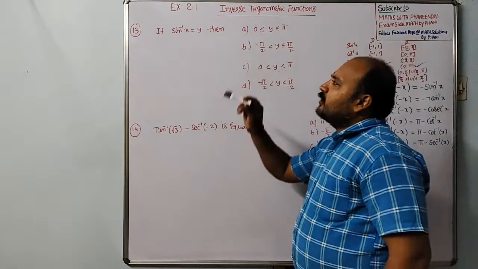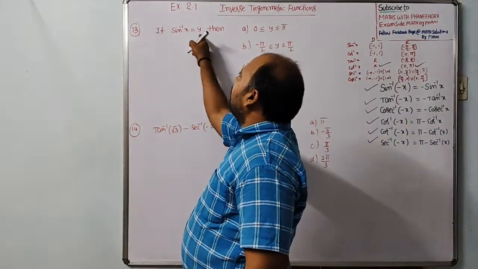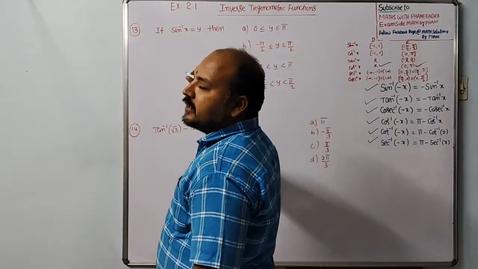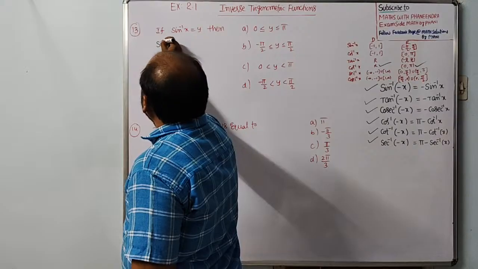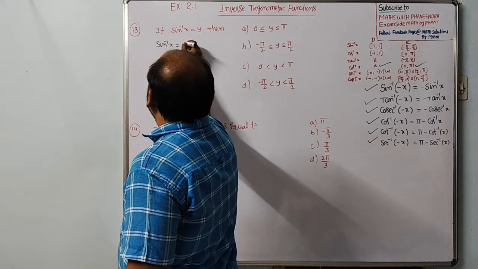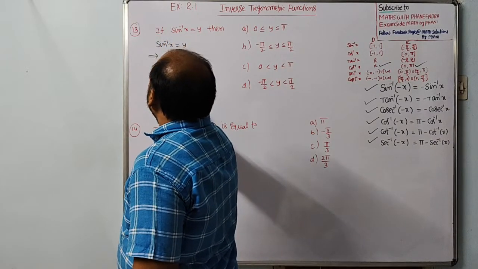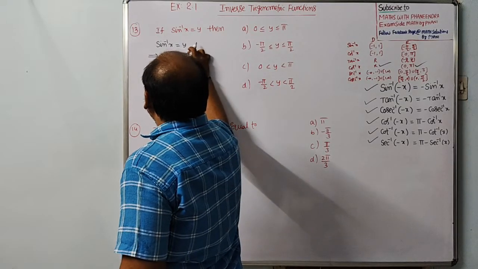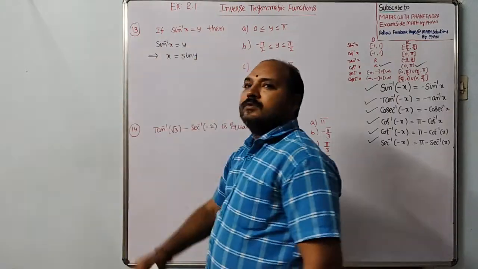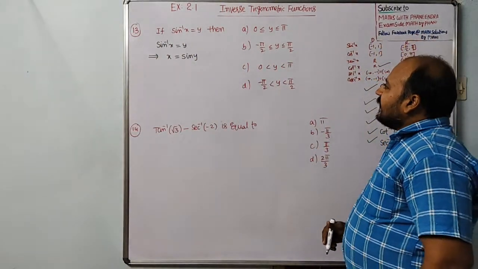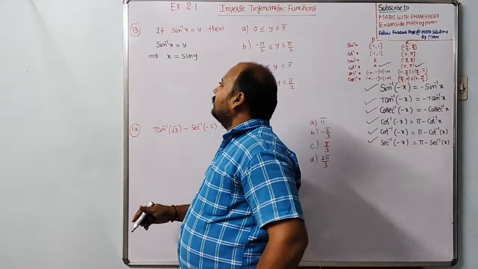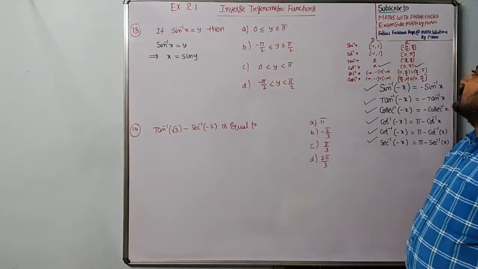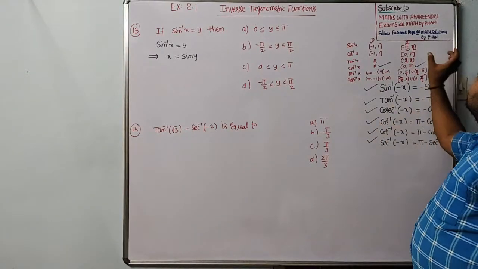So this is the standard question. The first question is, if sine inverse x equals y, then which of the options is false? Given sine inverse x is equal to y, that implies x is equal to sine y. So what is the range? They are asking the range of the y value, which means y is related to the range.